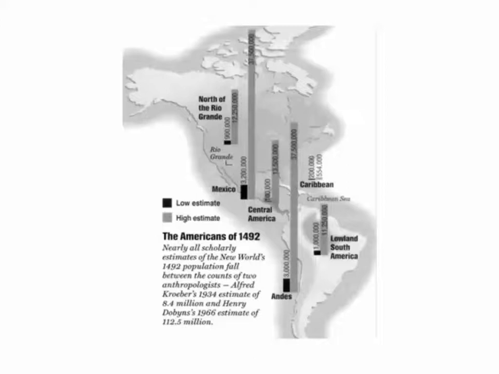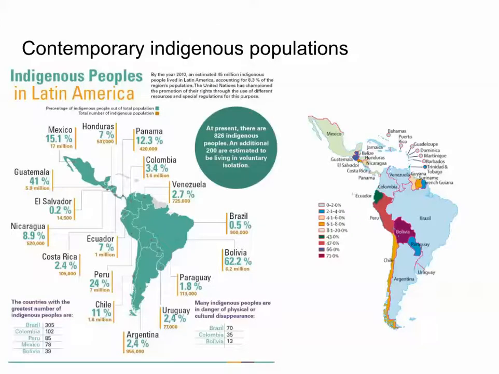All right, so let's take a look at this. What I want to do first is say, again, think about roughly 50 million people throughout the Americas. Today, if we look at that distribution of population, those numbers are dramatically lower.